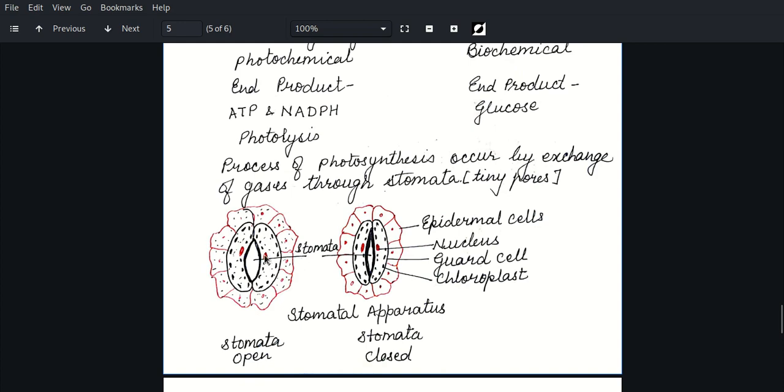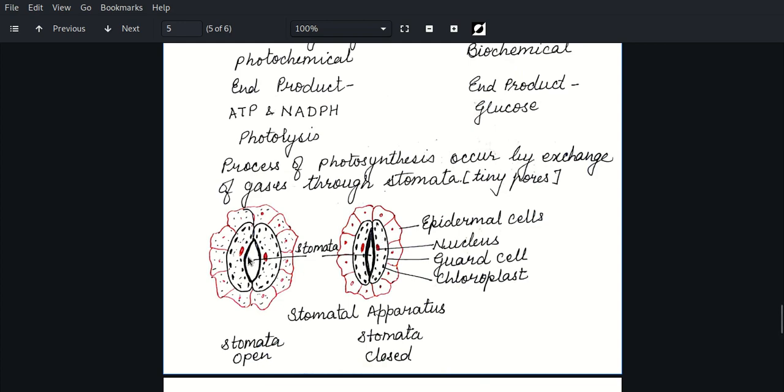Guard cells have rich amount of chloroplast. So both the guard cells are rich in chloroplast. Therefore, they synthesize their own food. This stomata is open and this is closed.